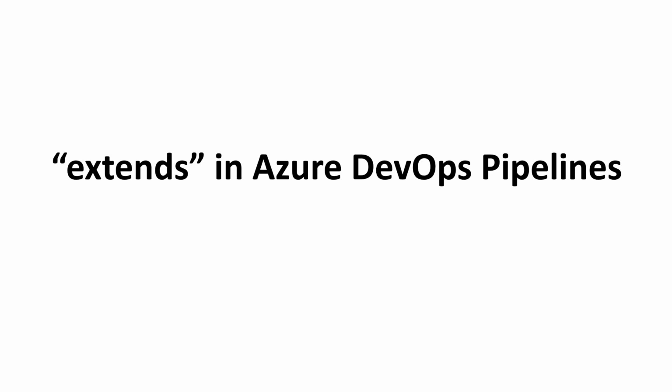Now, Azure DevOps templates are reusable structures. If there are multiple pipelines within your team or organization that share the same structure, then we have to consider using templates because they are reusable structures.